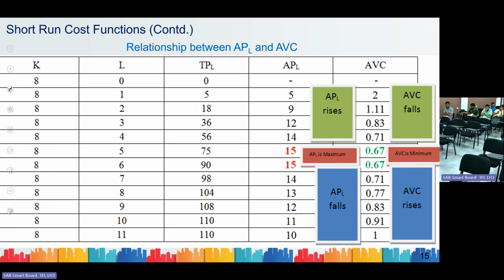Then let's observe the relationship between APL and AVC. Most of the students confuse that APL is related to AC. That is wrong, okay? APL is related to AVC, not to ATC or AC. ATC and AC are both the same.